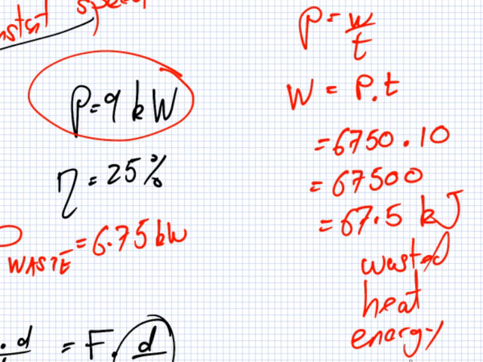Yeah, it is the total power wasted. That power wasted is basically saying per second how much energy is wasted. Because remember, power is just energy per second, work per second.